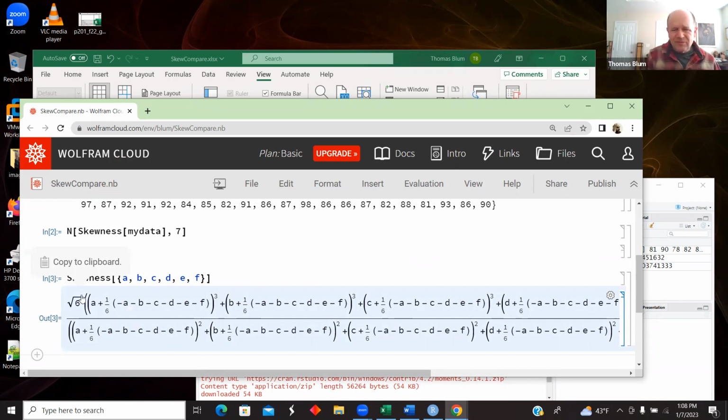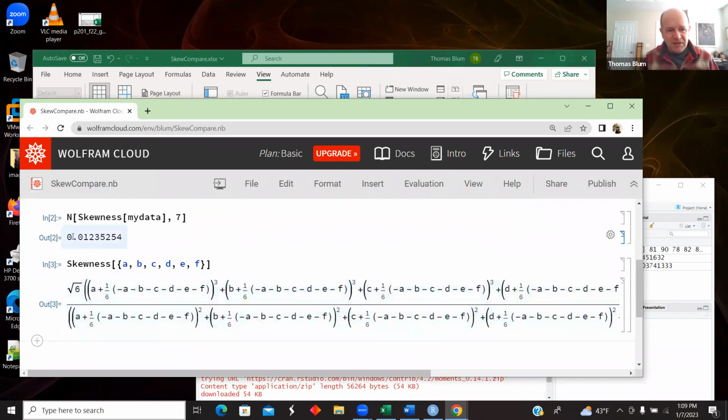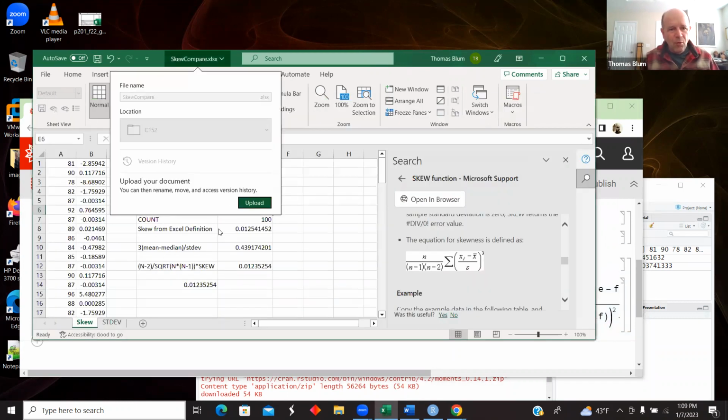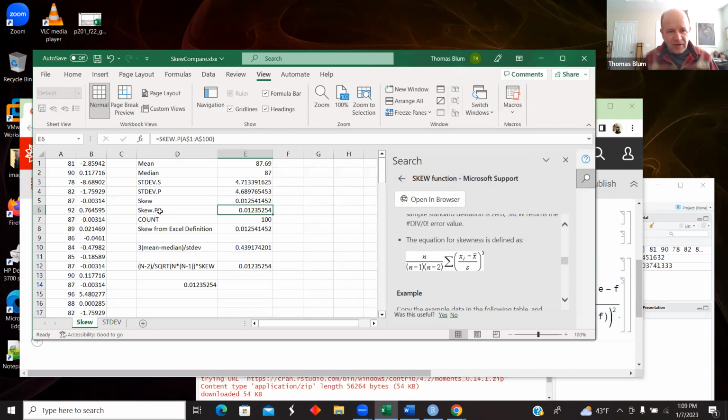I don't see any 4s, but the square root of 4 would be a 2. So that's a little harder to find, but we don't have any n minus 1s here in this definition. But this definition that only seems to involve n, but not n minus 1, not n minus 2, seems to be the one that agrees with the Skew.P definition in Excel.